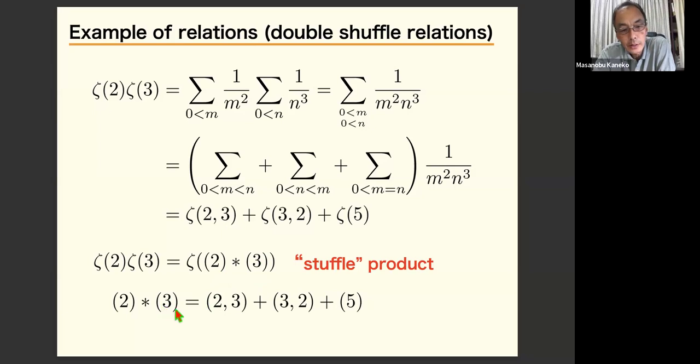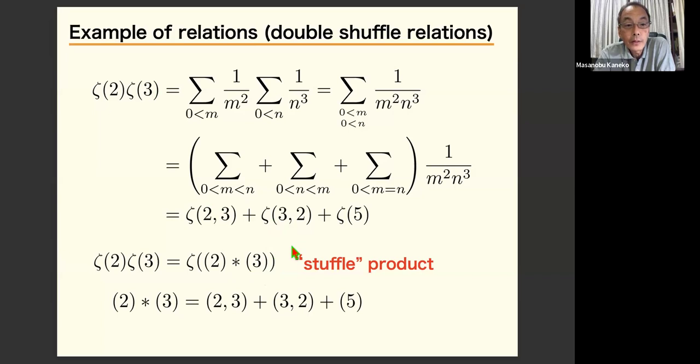This is a product on the space of formal sums of indices. So 2 star 3 is 2, 3, and 3, 2, and 5. We extend this symbol zeta linearly to formal linear combinations. So zeta 2 times zeta 3 is zeta of 2 star 3, our notation to describe this product relation.